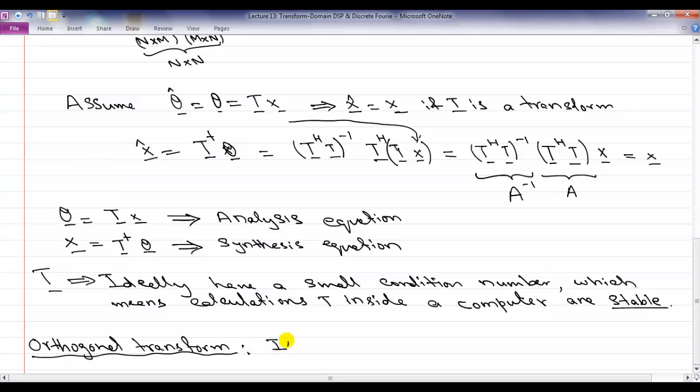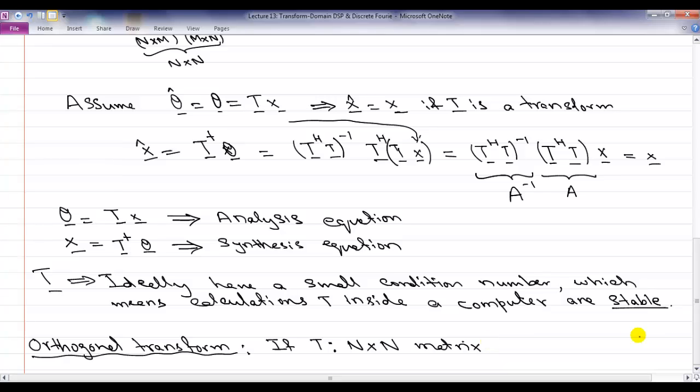First of all, an orthogonal transform means that our T is going to be a square matrix. You start with an n-dimensional signal, and when you transform it to a different basis, you still have an n-dimensional transform domain signal.